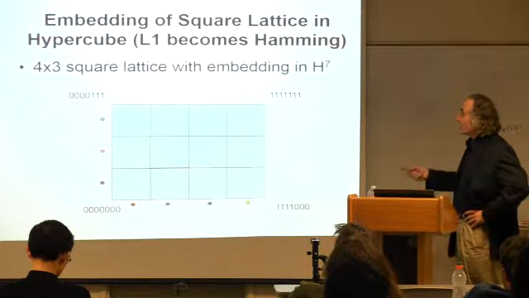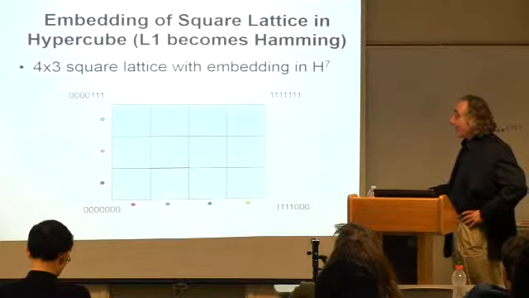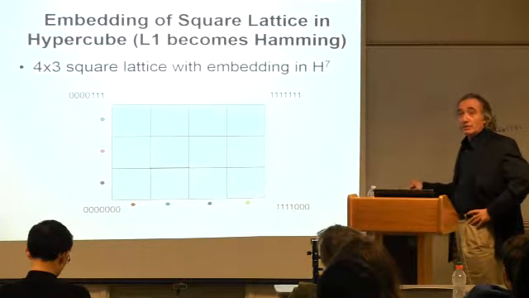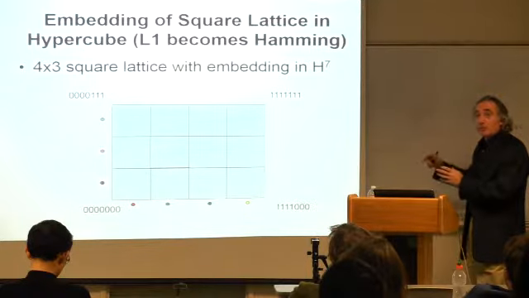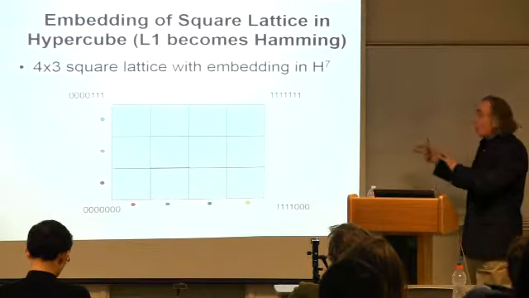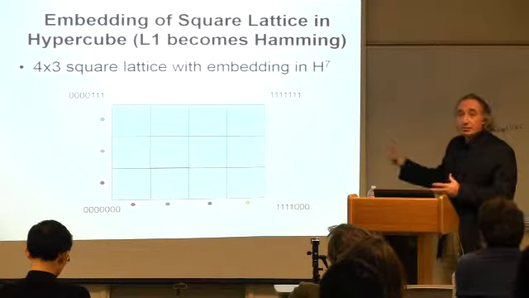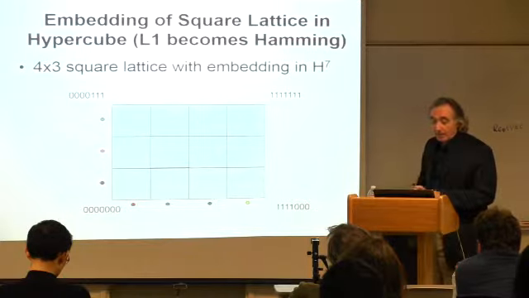And then when you move vertically, you're changing one of the 3 bits. And you can see that the L1 distance in the lattice goes exactly onto the Hamming distance on the hypercube through this transformation. So if you could do the clustering on the hypercube, you would be able to solve the clustering problem for the Manhattan distance on the 2D lattice, and so the problem is NP-complete by this reduction.